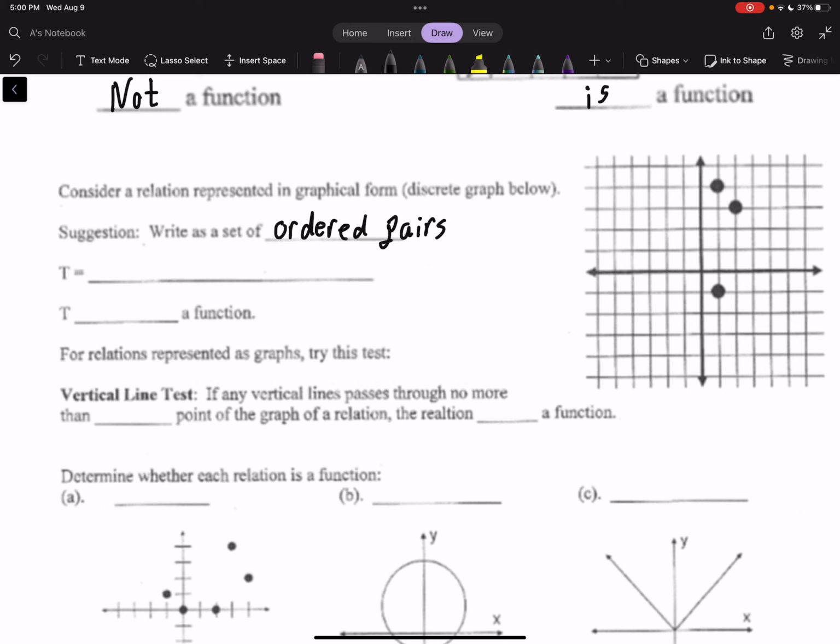So, we have an x value of 1, y value of 4. So (1, 4). We have an x value of 1, y value of -1. (1, -1).